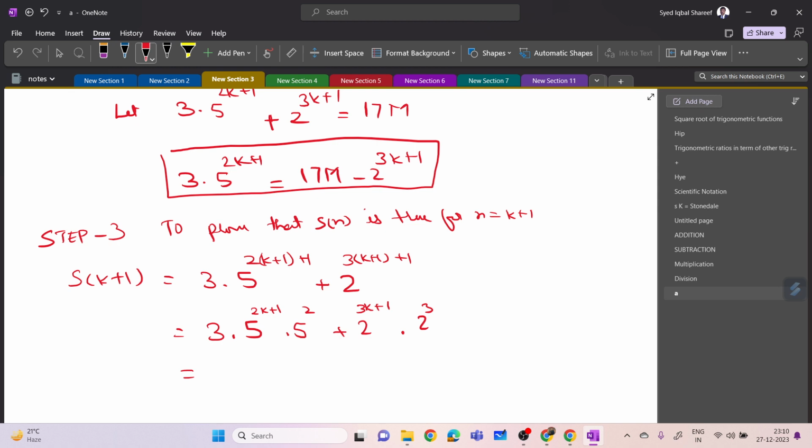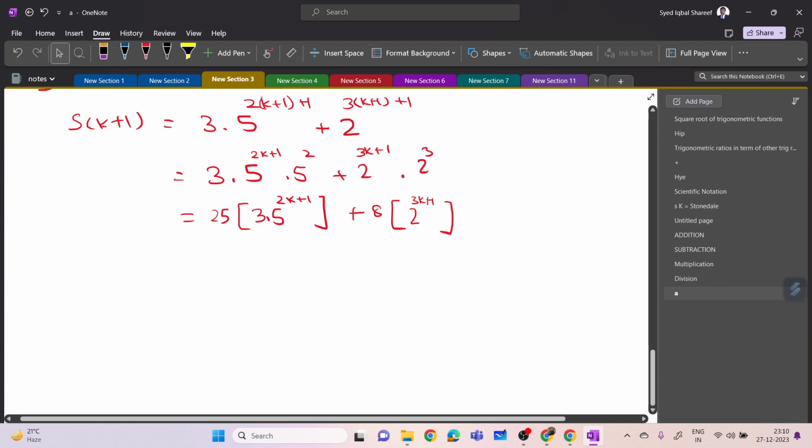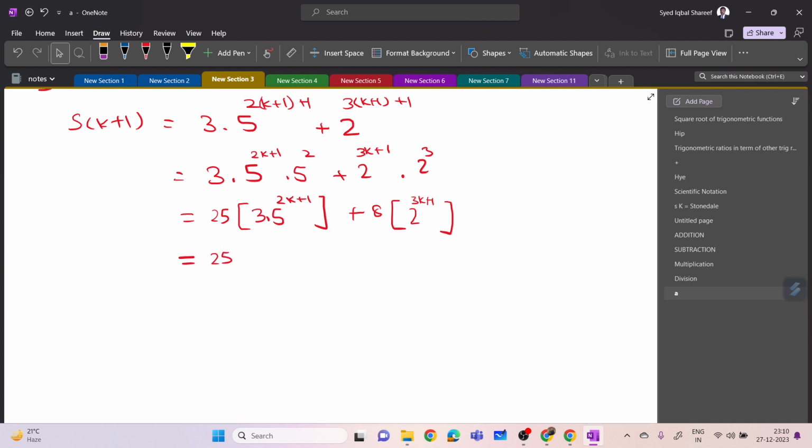So 5 square is 25, and 2 cube is 8. So this is 25 into 3 into 5 to the power of 2k plus 1, plus 8 into 2 to the power of 3k plus 1.